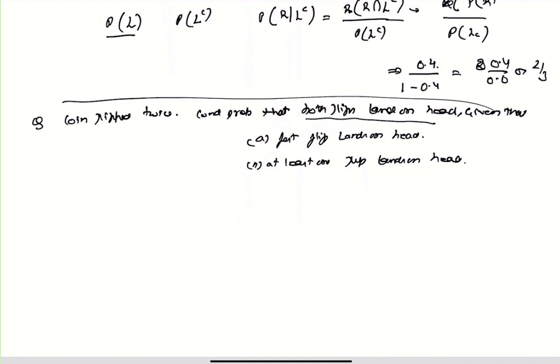So there is a B, an A, and a C. B is H and H, both flips on head.